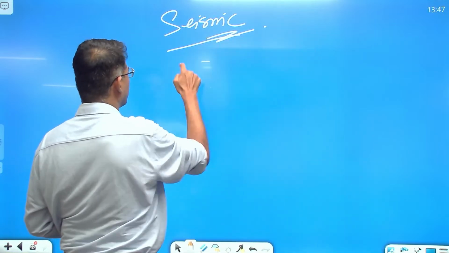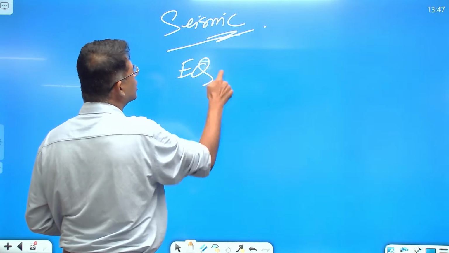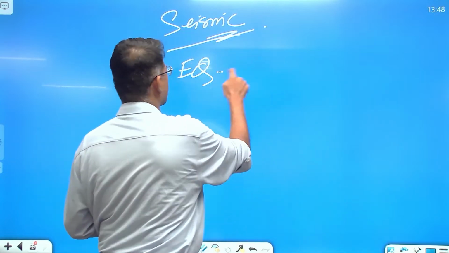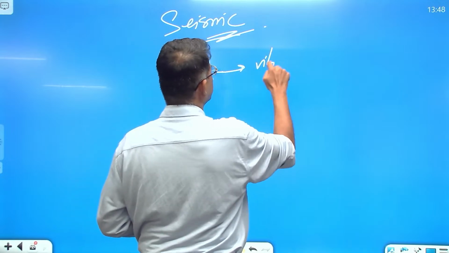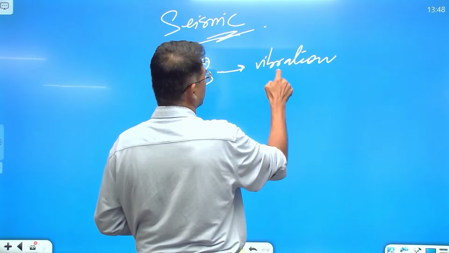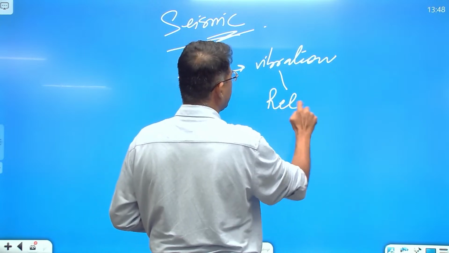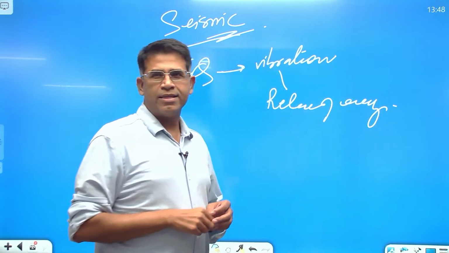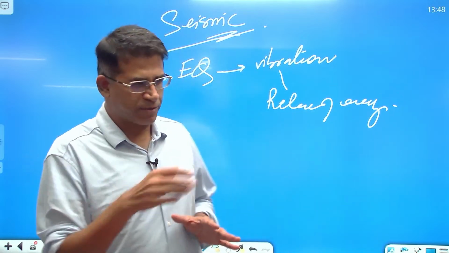Listen to this first. Whatever earthquakes we have, essentially earthquakes are vibrations, and in vibrations there is a release of energy. This energy is of different types.